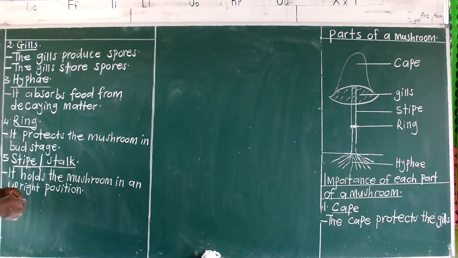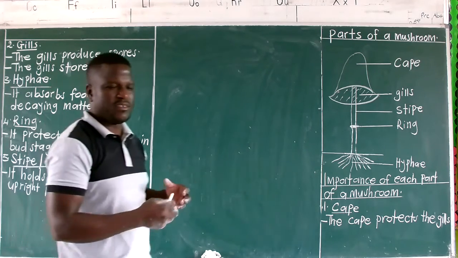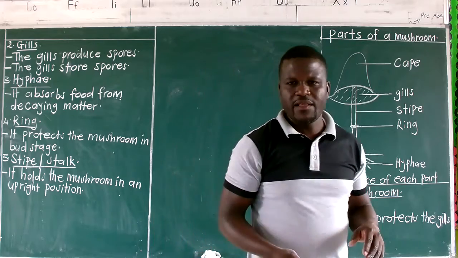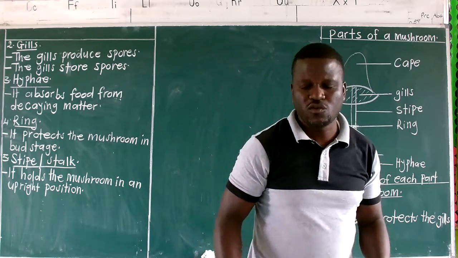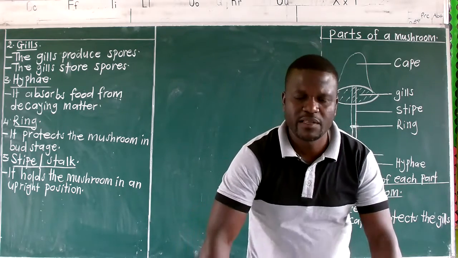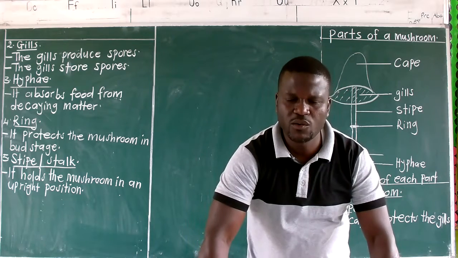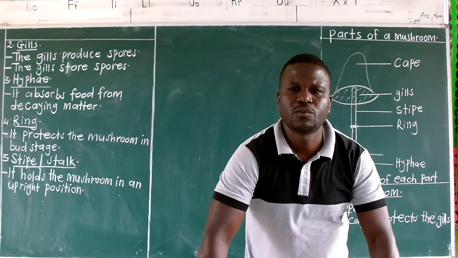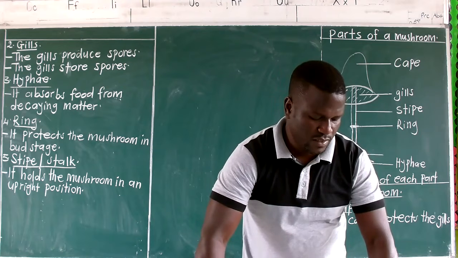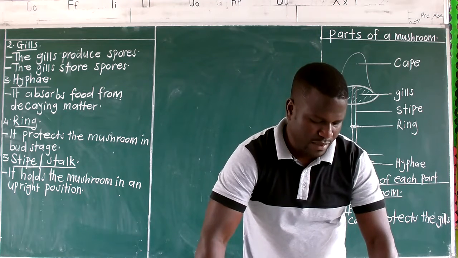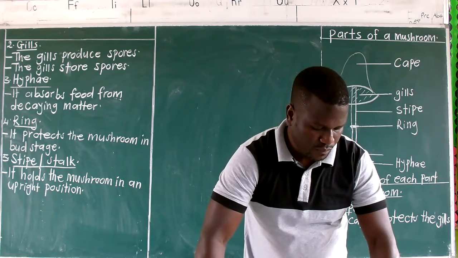The ring protects the mushroom in its bud stage when it is still young, the way the sepals protect the flower in the bud stage.